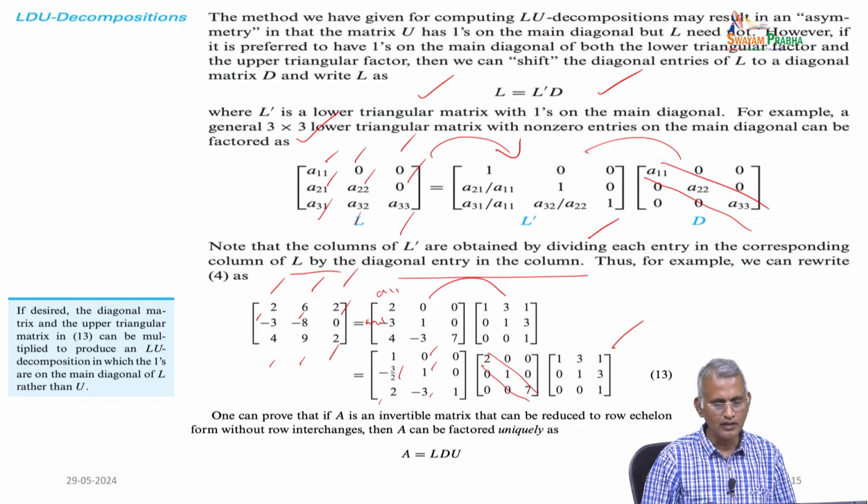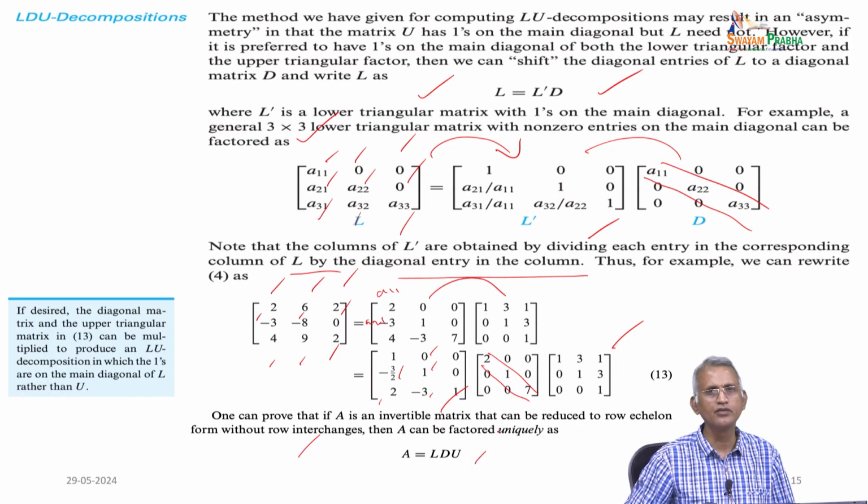So, this shows that if A is invertible, then only it may be reduced to row echelon form and can be factored uniquely with A equal to lower, diagonal, upper triangular matrix.